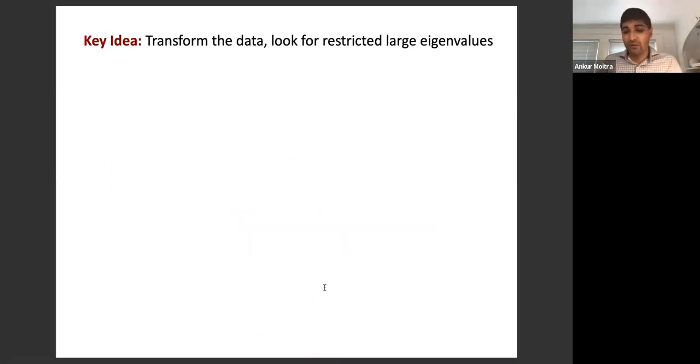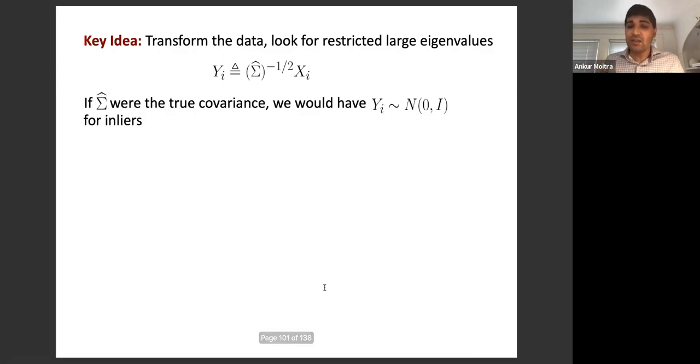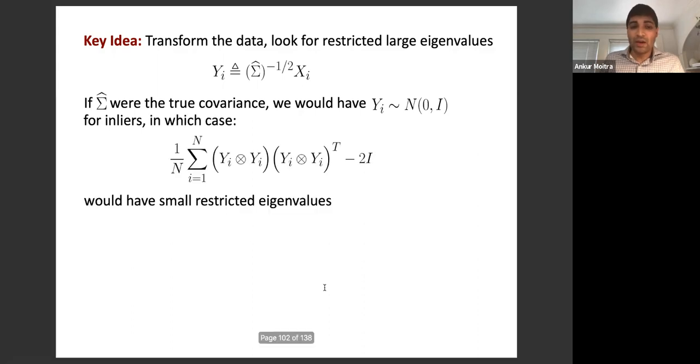So, how does this overall algorithm work just as a sketch? Well, what you do is you try and do the same thing as before. You try and use your naive estimator, sigma hat, and you transform the data. So you apply sigma hat to the -1/2 to all of your new samples. And if sigma hat were a good estimate for the unknown covariance, then this would look like samples from N(0, I). So in particular, I could set up that same matrix I had before.